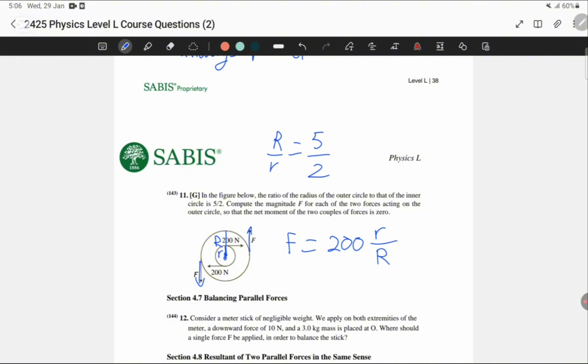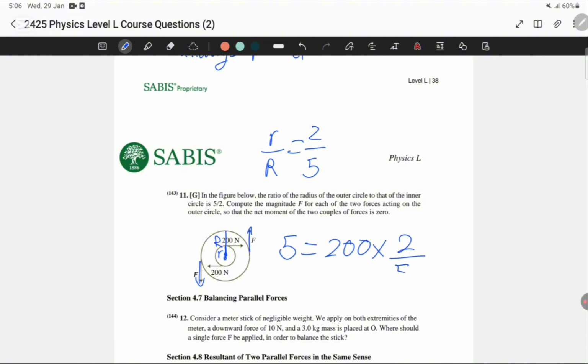Previously we got a ratio, big R over small r equals 5 over 2. Since now we have small r over big R, we can flip it. We can say r over R equals 2 over 5. So we substitute it in here. We get force equals 200 times 2 over 5.